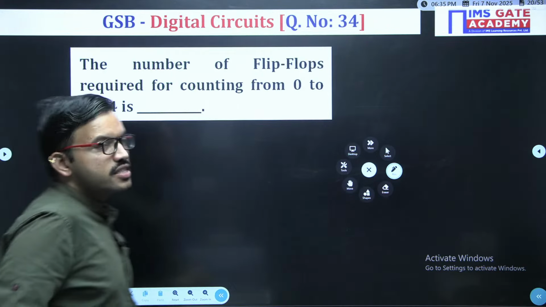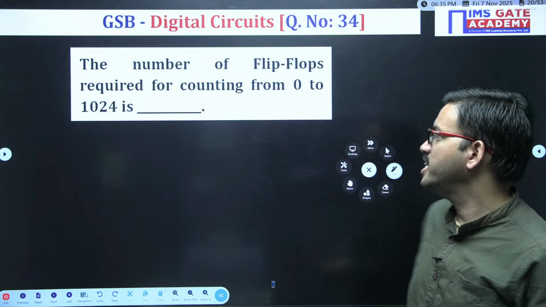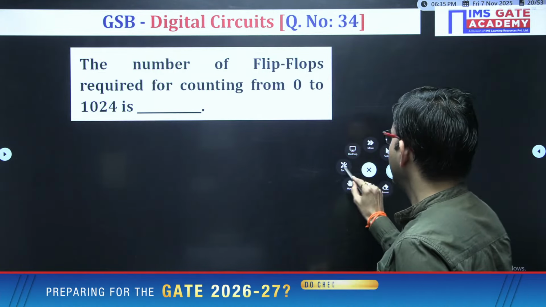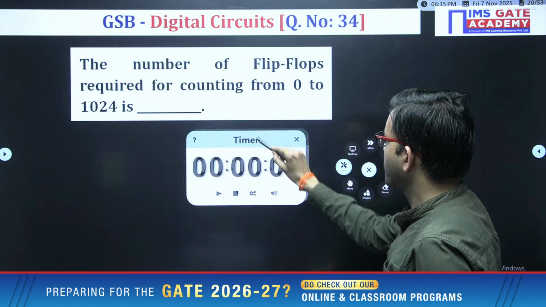Right. Now, this is a question based on counters. This is a very interesting question. I am giving time for everyone. All of you can give it a try.